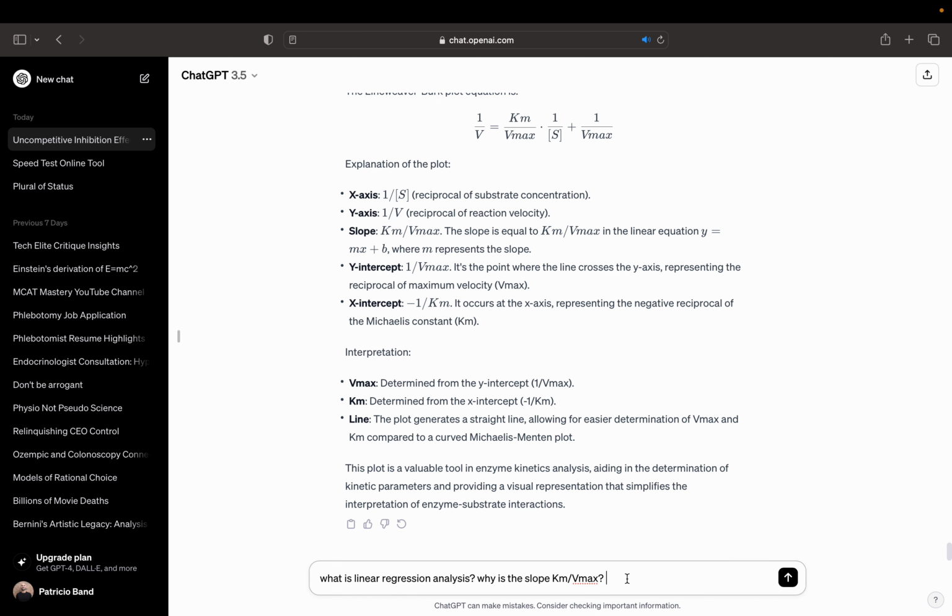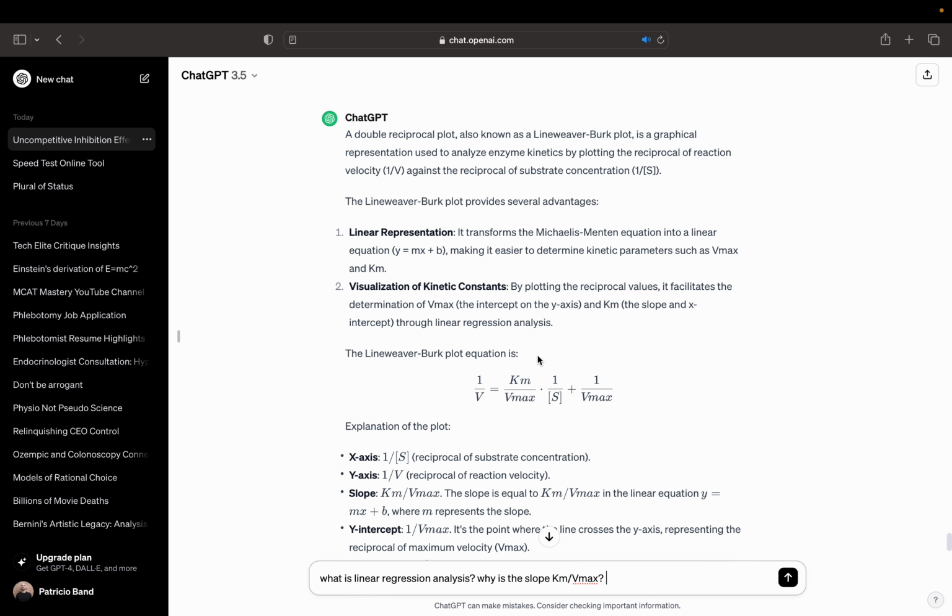I have one more question. Here we have that 1 over V equals, so this is Y. Ooh, this is good. mx plus b. So m is Km over Vmax times 1 over S. And b is 1 over Vmax.